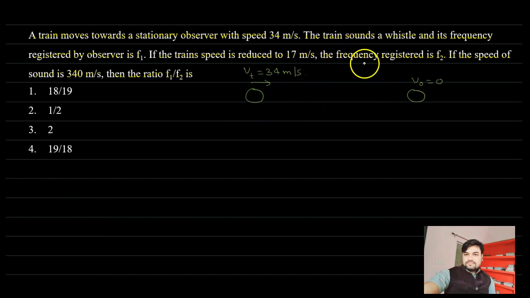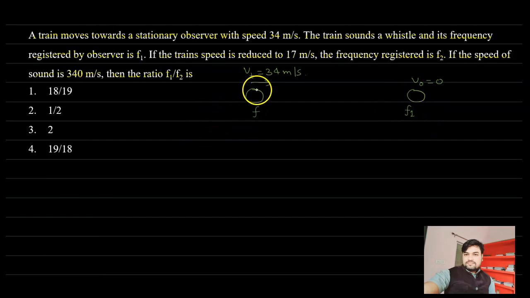The train sounds a whistle. Let us suppose the frequency of the whistle is f. And the frequency of the whistle observed by observer is f1.